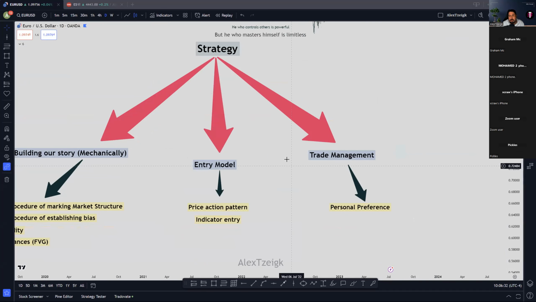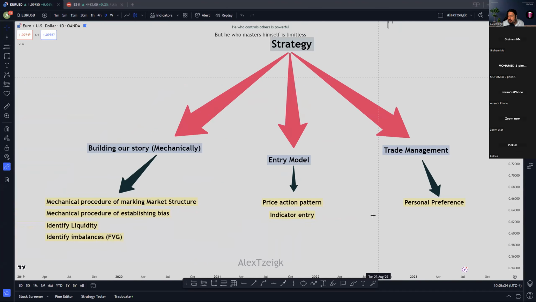Okay, really good. This was the previous drawing I made, where I was explaining how we are building our story mechanically. Because why? Because if we have a mechanical procedure when we build our story, we will always make our story the same every time.